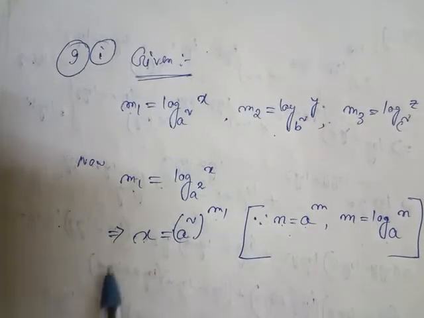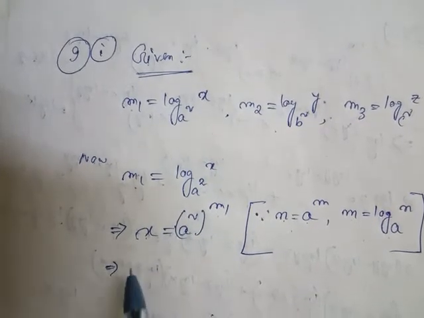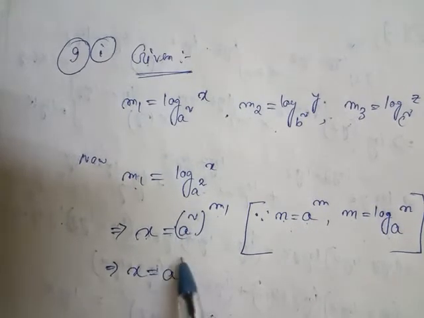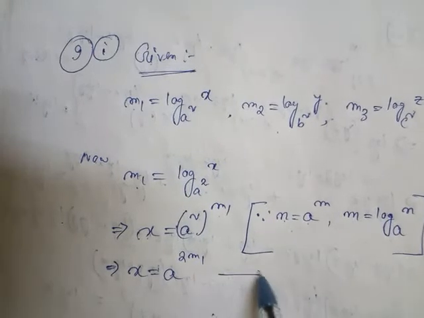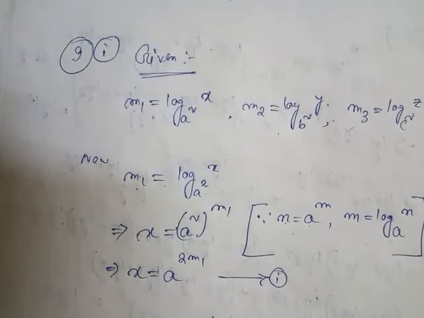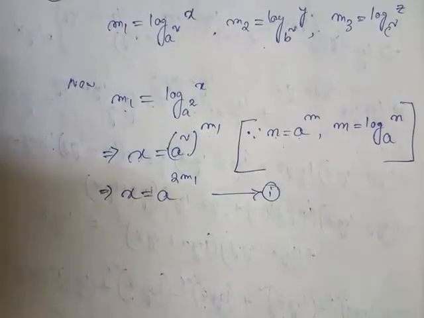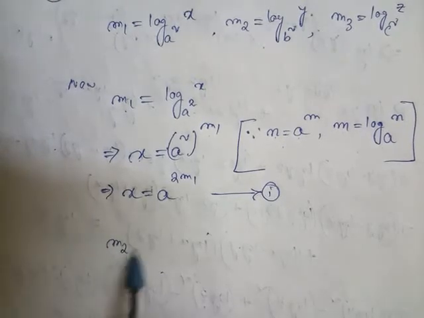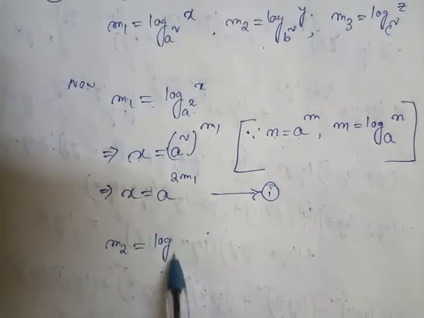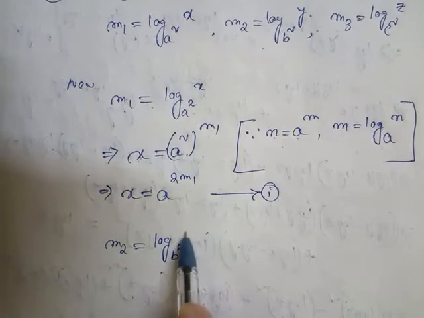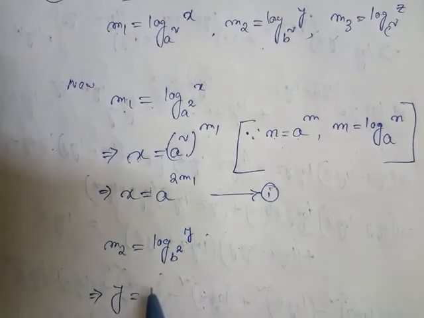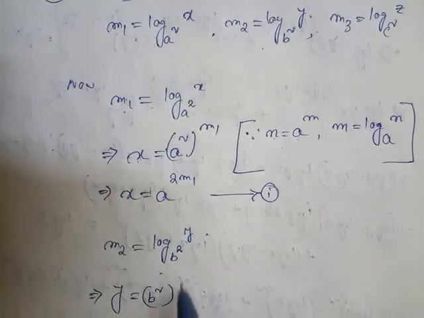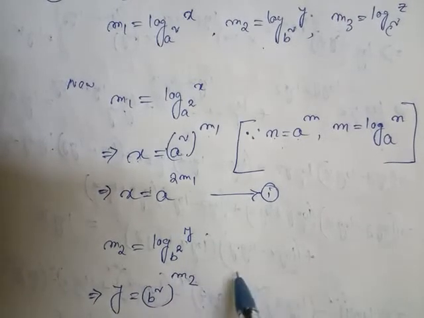Now we'll multiply here in the power. So x equal to a to the power 2m1 after multiplying. This is our equation number 1. Similarly, students, we'll take m2 now. m2 equal to log base b square of y. So here also, students, we can write that b square equal to m2 using the same formula.